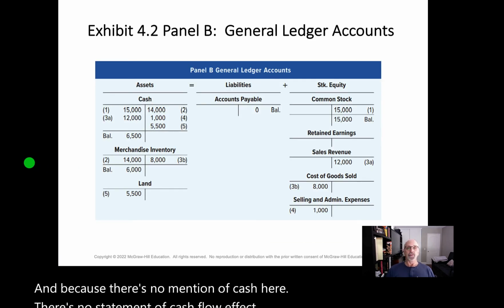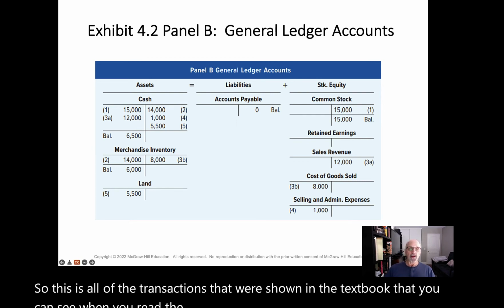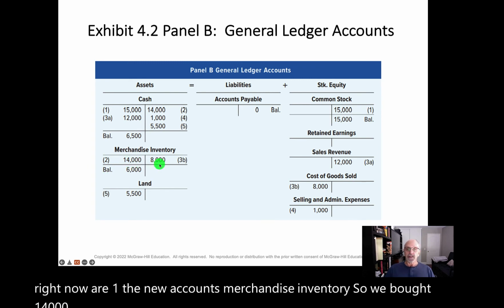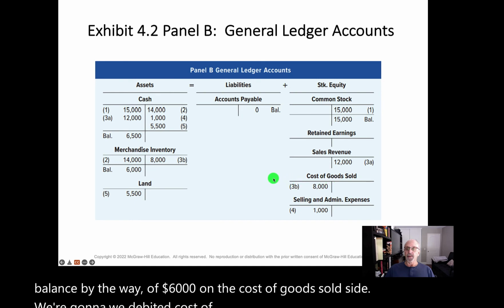So this is all of the transactions that were shown in the textbook that you can see when you read the chapter. The things that we're going to look at right now are, number one, the new accounts, merchandise inventory. So we bought 14,000, we sold 8, leaving us a balance in merchandise inventory, a debit balance, by the way, of $6,000. On the cost of goods sold side, we debited cost of goods sold for $8,000.